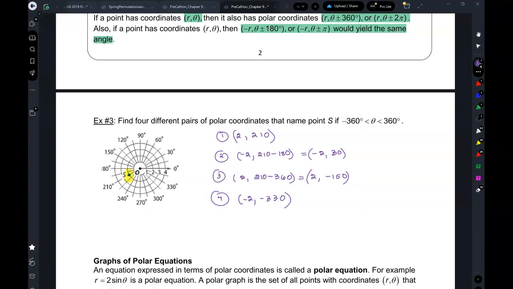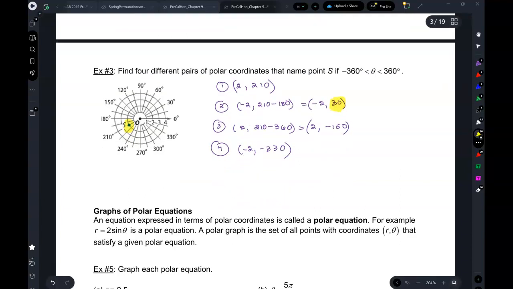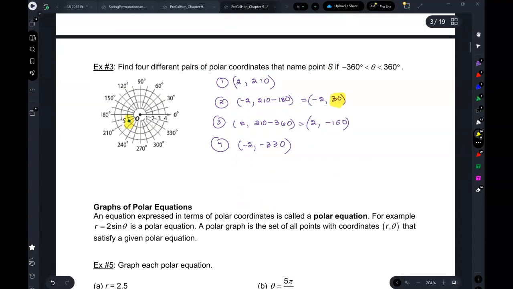So basically you can take this one and subtract 360. You can take this one and subtract 360. Okay? All right. So on the test, I'll probably ask you for like 2 or 3 or however many of these.